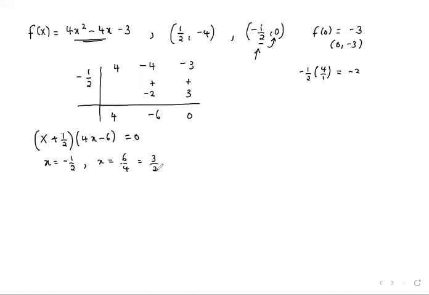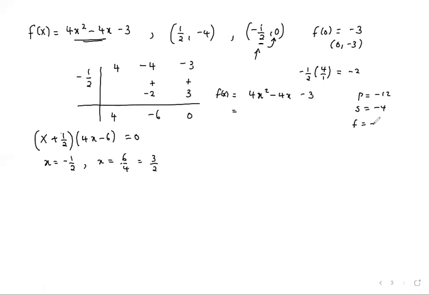So those who use the factorization, what do you think are the solutions? We've got the factors positive 2, negative 6. To factorize, 4x squared minus 4x minus 3 is f of x. The product is negative 12, the sum negative 4.